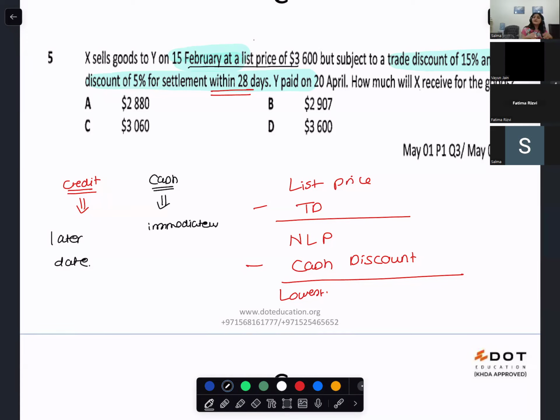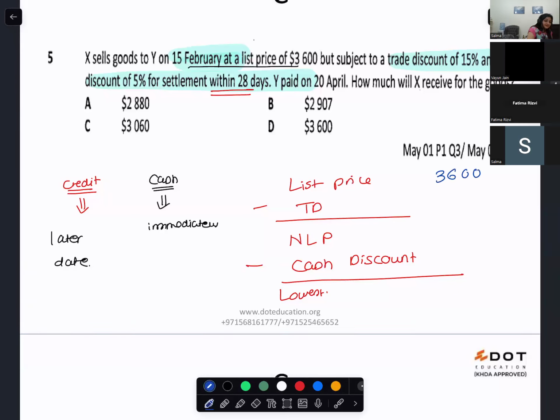So trade discount is given irrespective of whether it is a cash transaction or a credit transaction. Are you with me? Yes, miss. But cash discount would be given only and only if your payment has been made in cash.